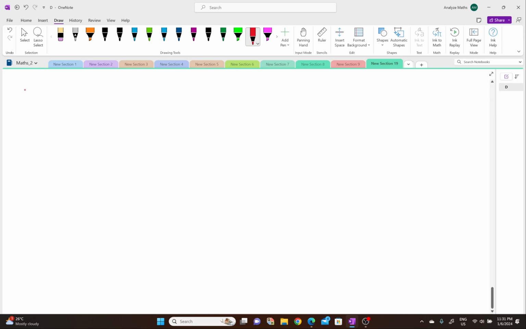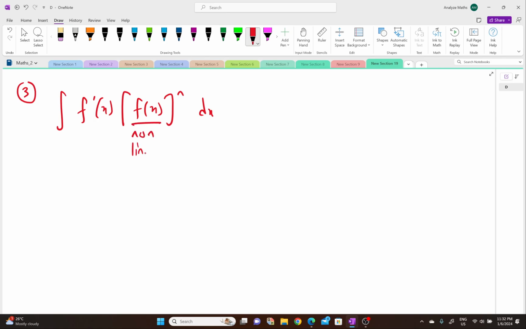Third one, if you notice that this is non-linear, okay, non-linear means any function x more than power 1, like x square, x cube, something like that.